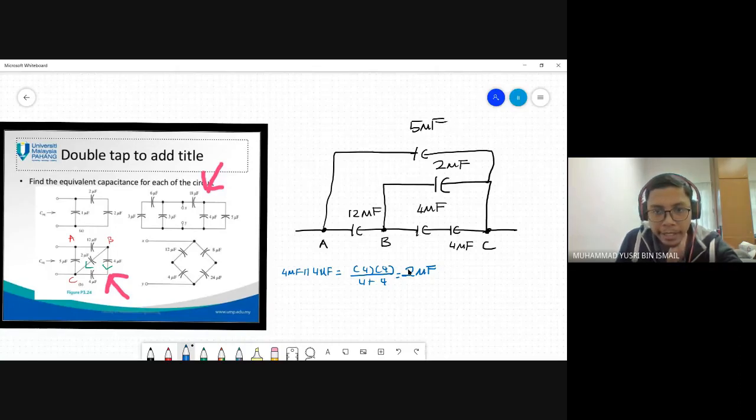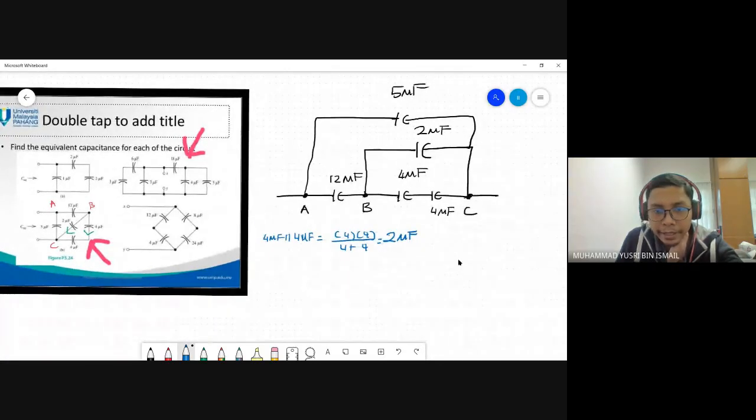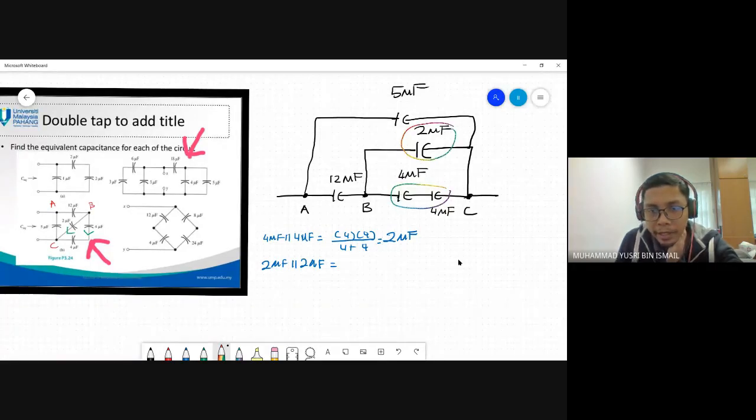And then sekarang ni, 2 microfarad is parallel with 2 microfarad. Okay, yang ni, 2 kali dengan 2 over 2 tambah 2.